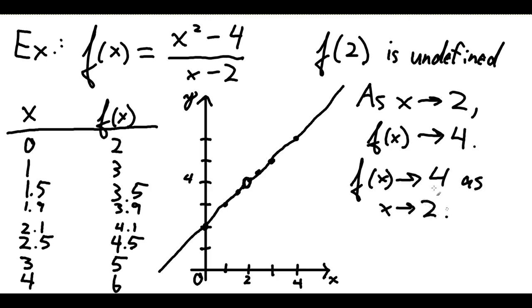Now this is a little bit cumbersome, so we create a special notation for this. We describe this idea of approaching as a limit. What is the limit of our function as x gets close to a particular thing?